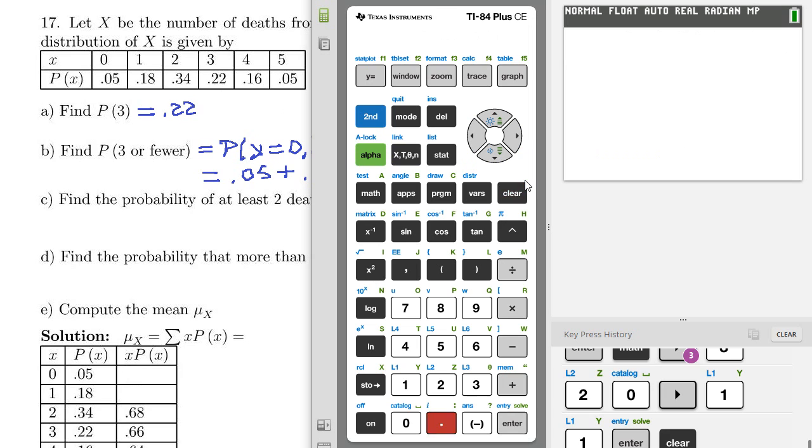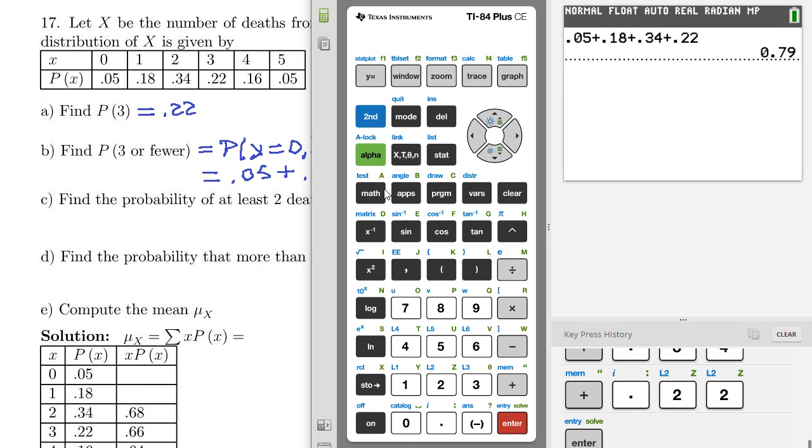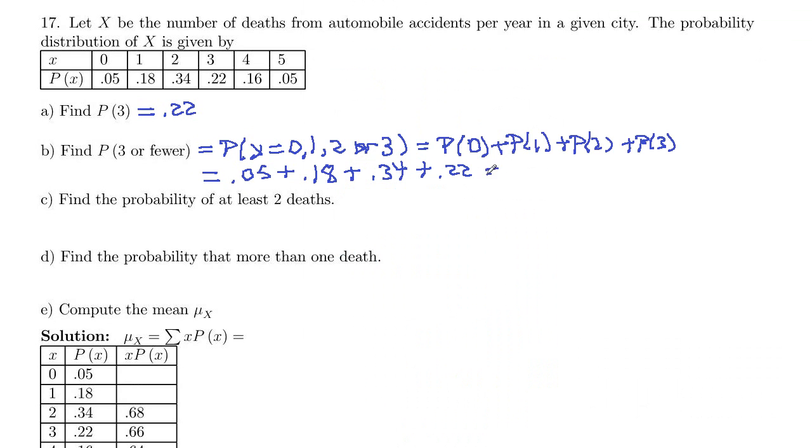So we've got 0.05 plus 0.18, plus 0.34 and plus 0.22. So 0.79. So 79% chance of 3 or fewer.